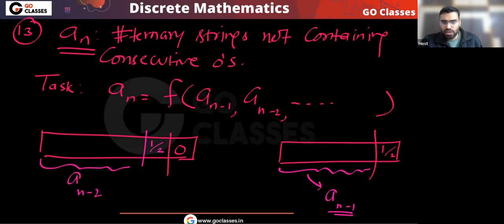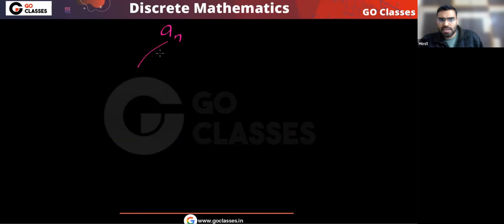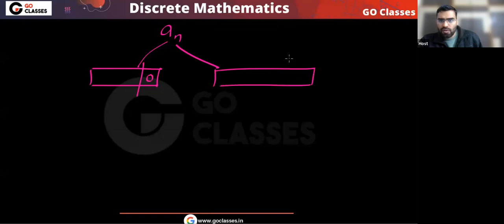So finally, what can I say? For a_n, either the last is 0, or the last is 1, or the last is 2. Here you want a_{n-1}, and here you want a_{n-2}, because automatically the previous one will be 1 or 2.